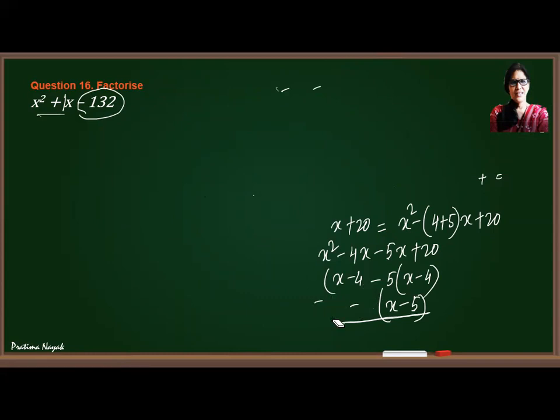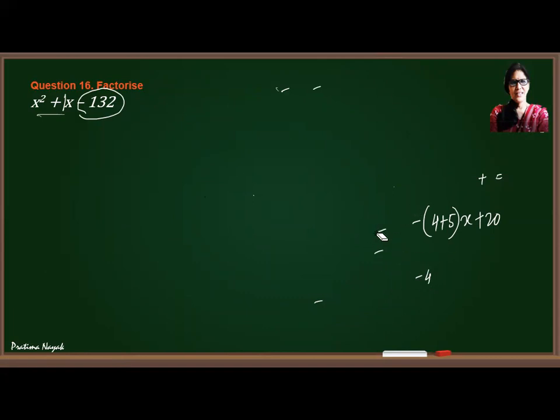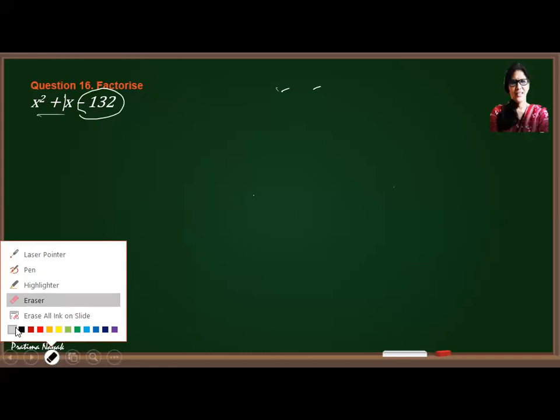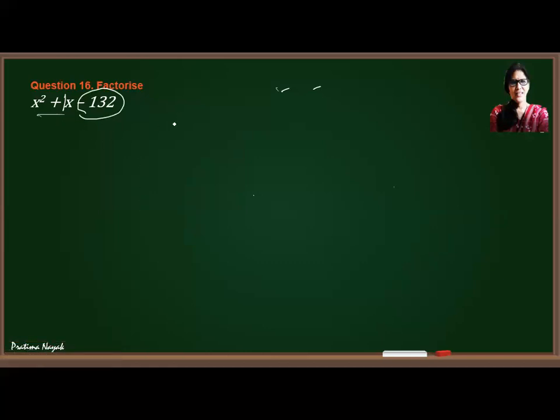Now I'm going for this question where C is negative. How to proceed? First, you will think of what are the two numbers whose multiplication is 132 and the subtraction result is equal to 1, because x square plus x means it is 1x, it is hidden, minus 132.